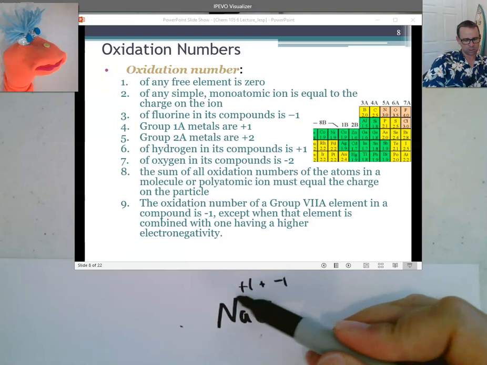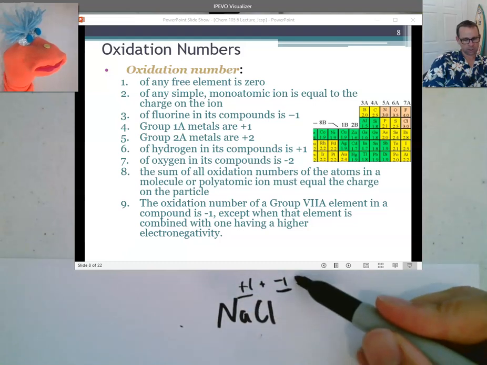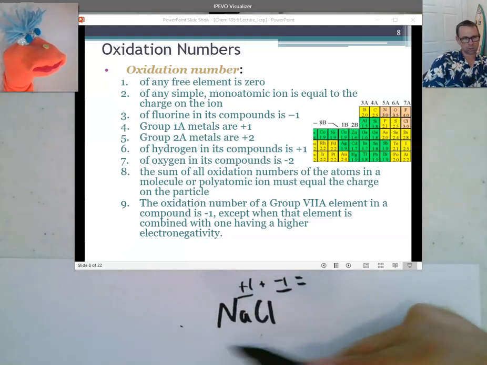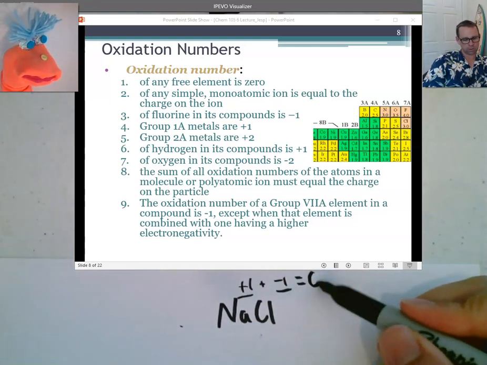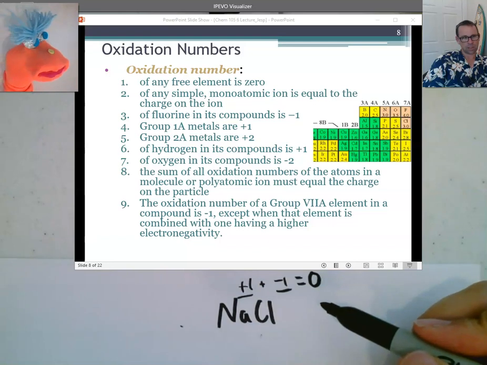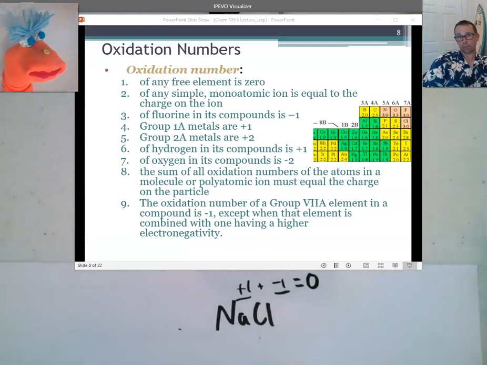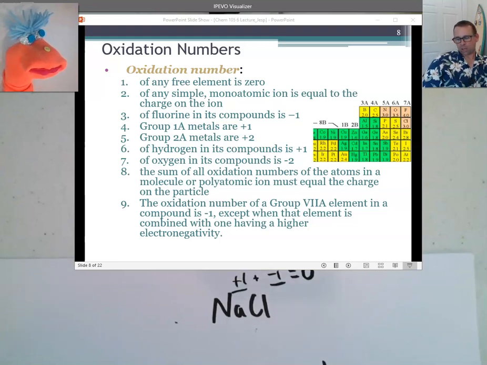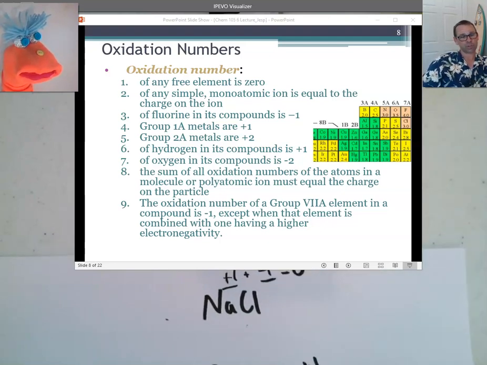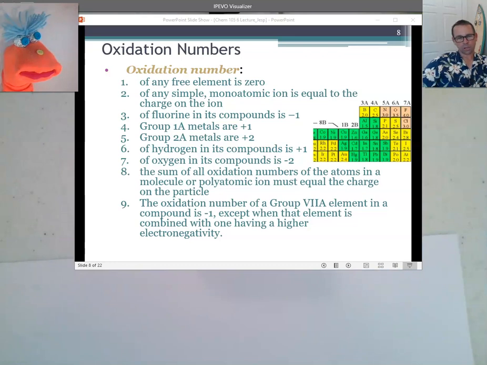And if I add those two together, they have to equal, what's the charge on sodium chloride? There's no charge. That's right. So they have to equal 0. And you see that that occurs too. It will always occur with ionic compounds, because an ionic compound doesn't have a charge, right? If it has a charge, it's not an ionic compound, it's a polyatomic ion of some sort.